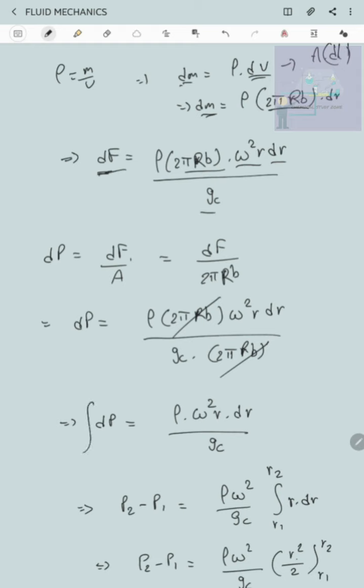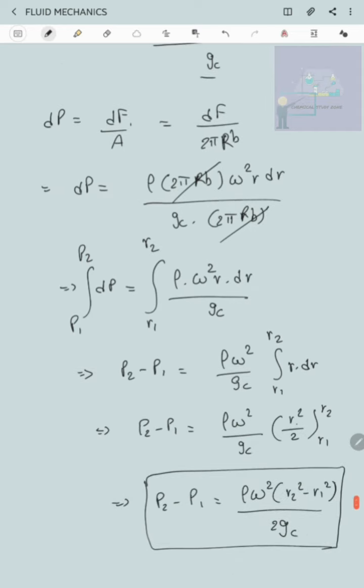Now let us integrate both sides from the pressures P1 to P2 and the distances R1 to R2. Then we get P2 minus P1 equals, as the density, angular velocity and gravitational constant are all constants, let us bring them out, rho omega square by gc into the integral of r dr from r1 to r2.